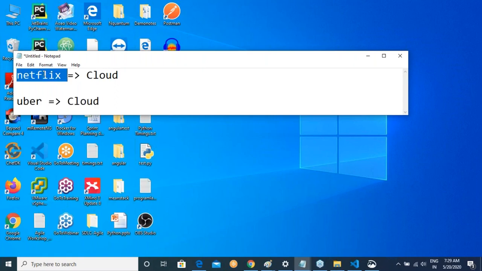Whatever scenarios Netflix will use, do you think they will be exactly useful for Uber also? Whatever architecture Netflix is using, can I reuse that for Uber also? No, right?